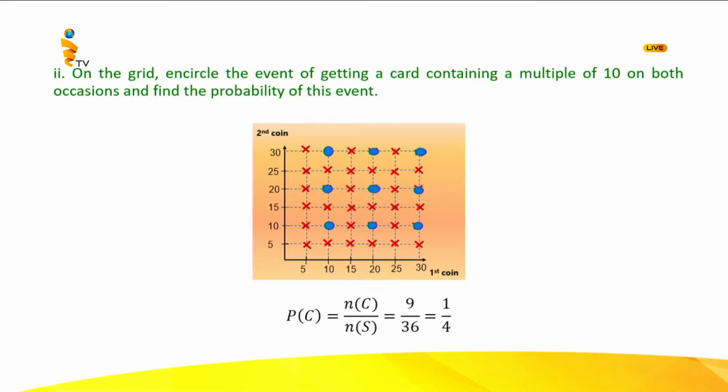The number of elements of this event is 9 and the number of elements in the sample space is 36. Therefore, when you simplify 9 over 36, the simplest form will be 1 over 4. Therefore, the probability of getting a card containing a multiple of 10 on both occasions is 1 over 4.